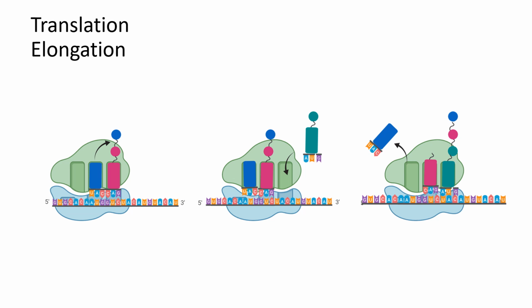Once docked into the A site, the amino acid from the P site is bonded to the amino acid over there using a polar covalent peptide bond.